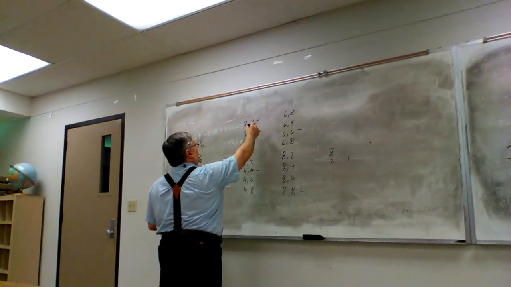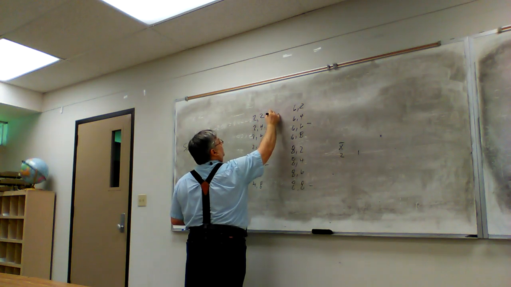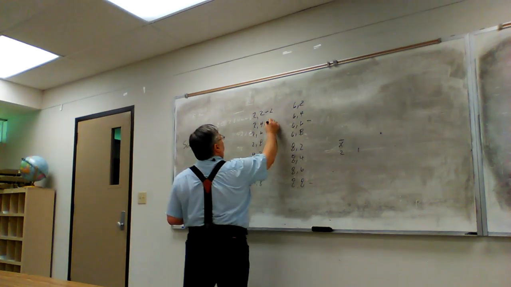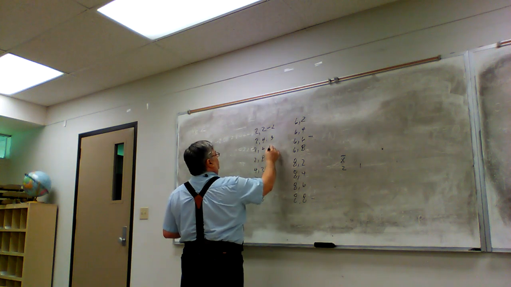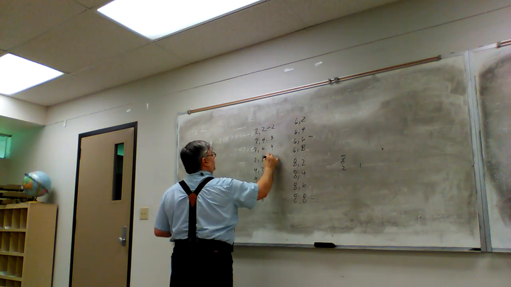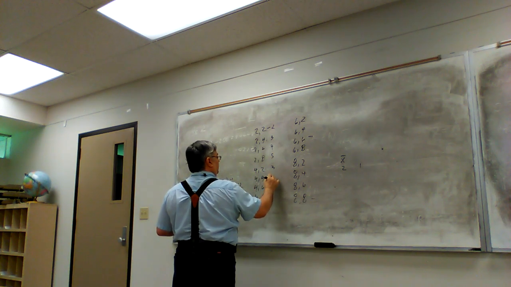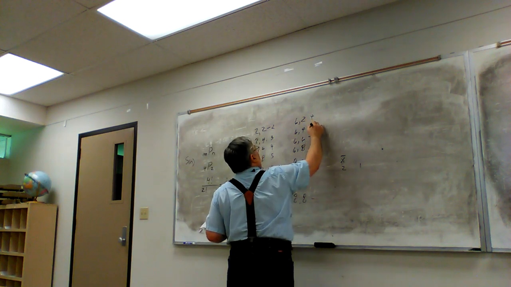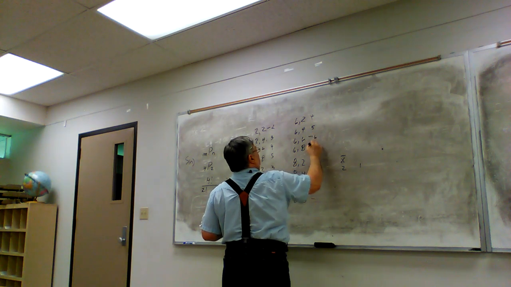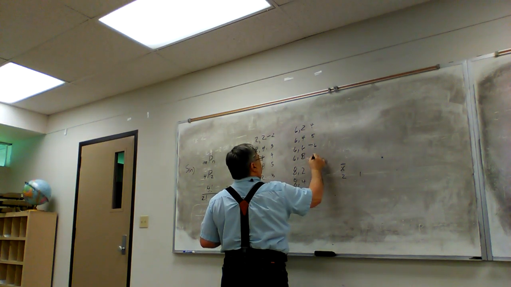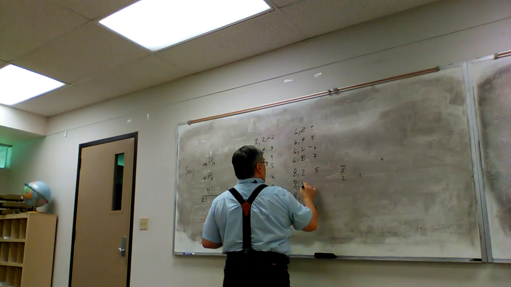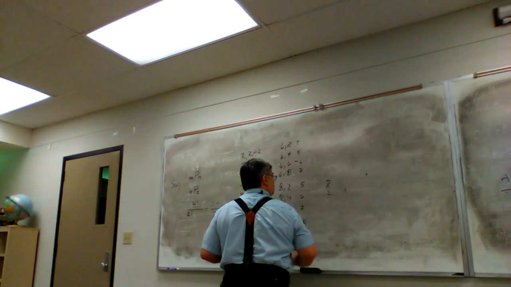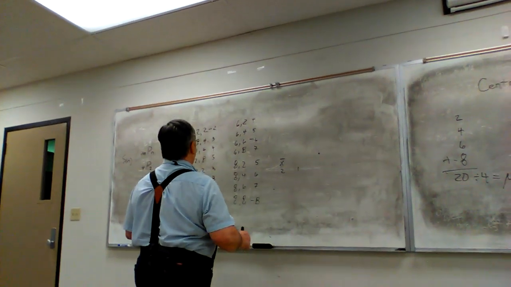You take the average of these. 2 plus 2 is 4 divided by 2 is 2. 2 plus 4 is 6 divided by 2 is 3. 2 plus 6 is 8 divided by 2 is 4. 10, this would be 5. 3, 8, 5, 6, 4, 5, 6, 7, 5, 6, 7, and 8. So you can have an average of 2 through 8.